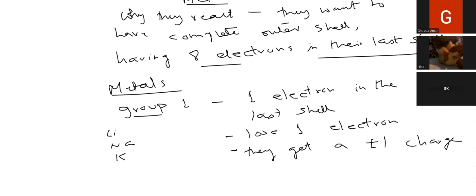Similarly, now group 2. Those who are in group number 2, we are talking about metals. Group 1 are also metals, group 2 are also metals. So those in group number 2 have 2 electrons in the last shell.